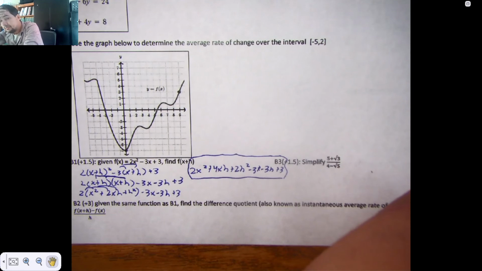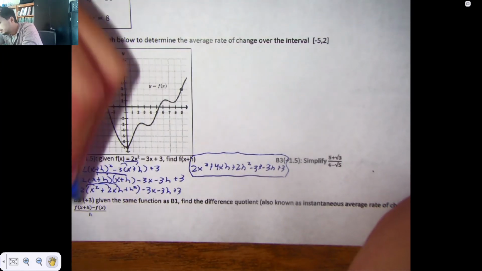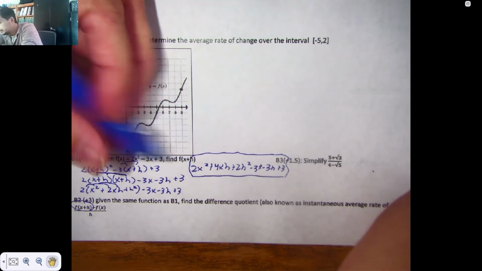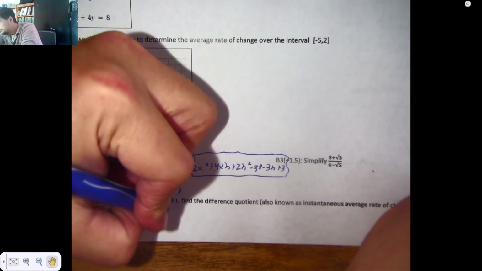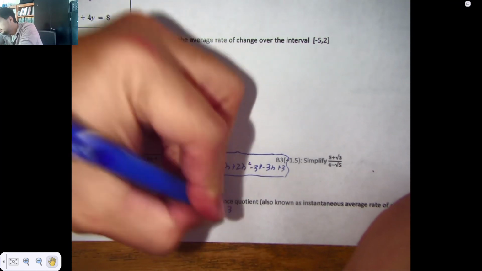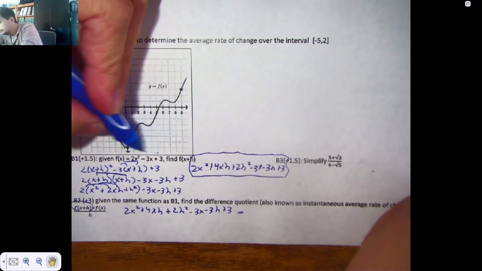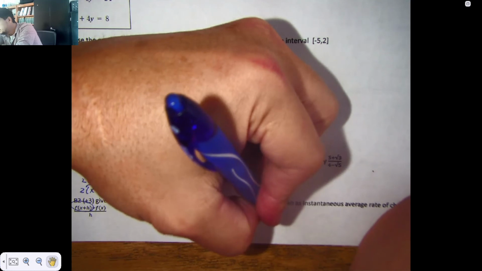I have no idea what the something is. Probably like take away 3h or something. Anyways, I already did this work. It was right there. 2x squared plus 4xh plus 2h squared minus 3x minus 3h plus 3. And I'm supposed to take away all of the original function. That's what it says. So make sure I use parentheses.